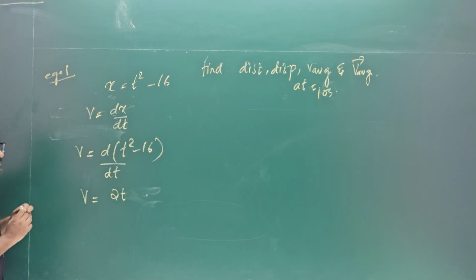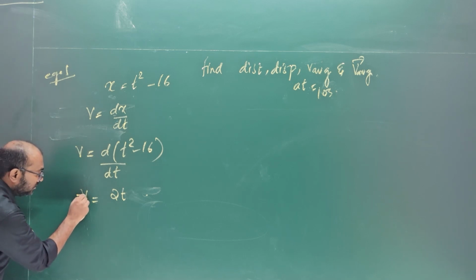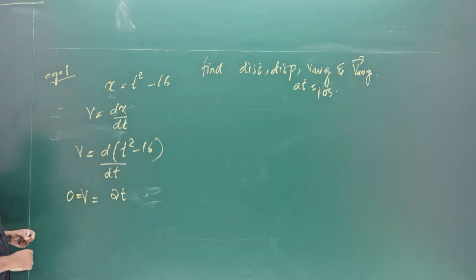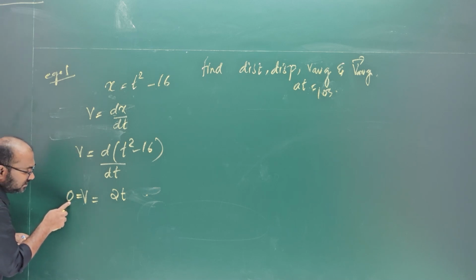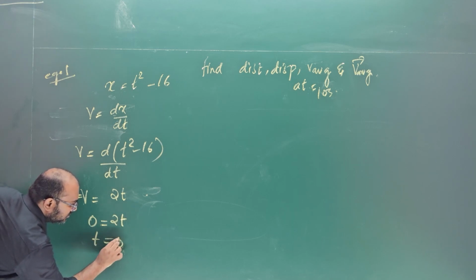I am saying that whenever the object wants to return in 1D, this is only applicable in 1D, whenever the object wants to retrace its path, this velocity should be equal to 0. If this velocity is 0, then 0 equals 2t, which means t equals 0 seconds.